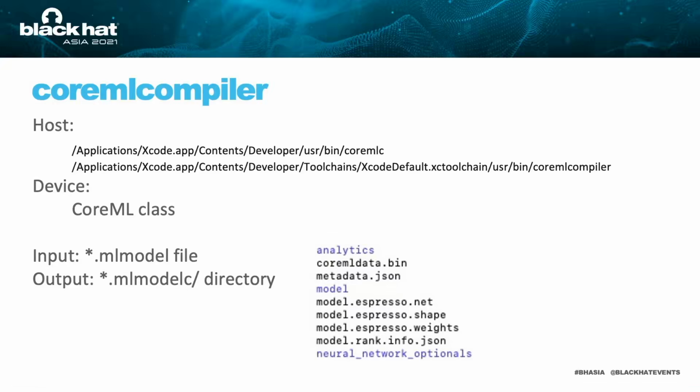The app can also download and compile ML model files remotely. The slide also shows the files contained in the general ML model C folder. The ML model file can also contain multiple machine learning models.